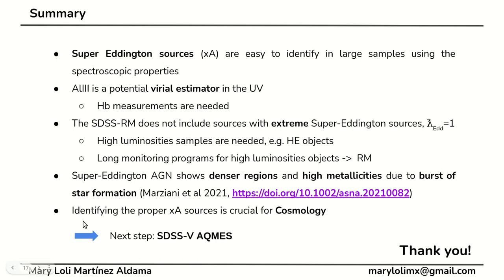And it's also crucial to identify the XA or Super-Eddington sources for cosmology, because if we are not able to identify Super-Eddington sources, we cannot do cosmology. So my next step is the analysis of the new SDSS data using the ACME sample. Let's see if in the future we can get some Eddington sources here.